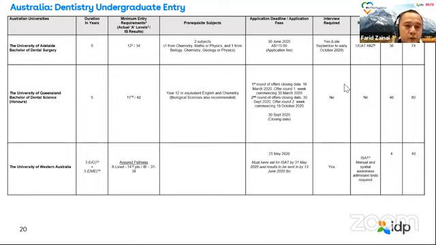In fact, if you notice, entry requirements are similar to the medicine one as well, and of course, attempting the UCAT ANZ and the interview. And then followed by the University of Queensland that does a 5-year Bachelor of Dental Science program.